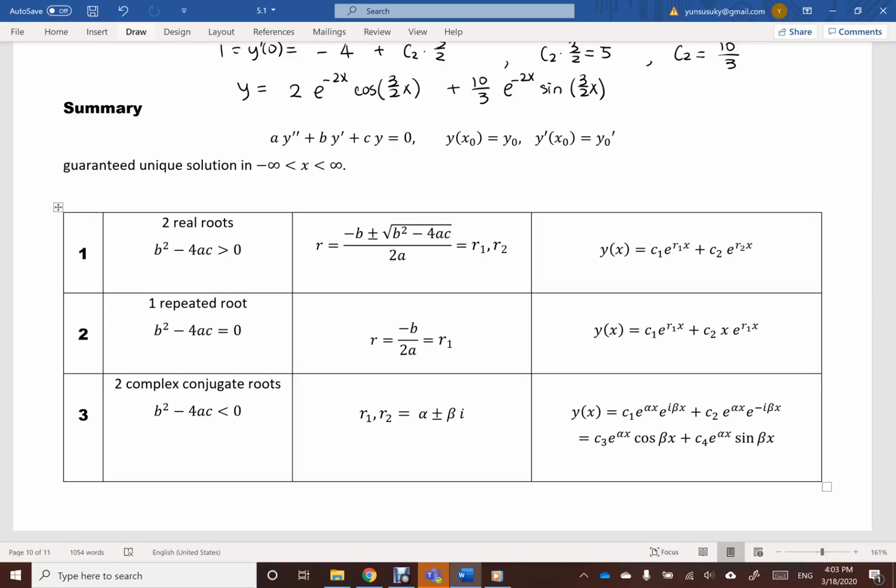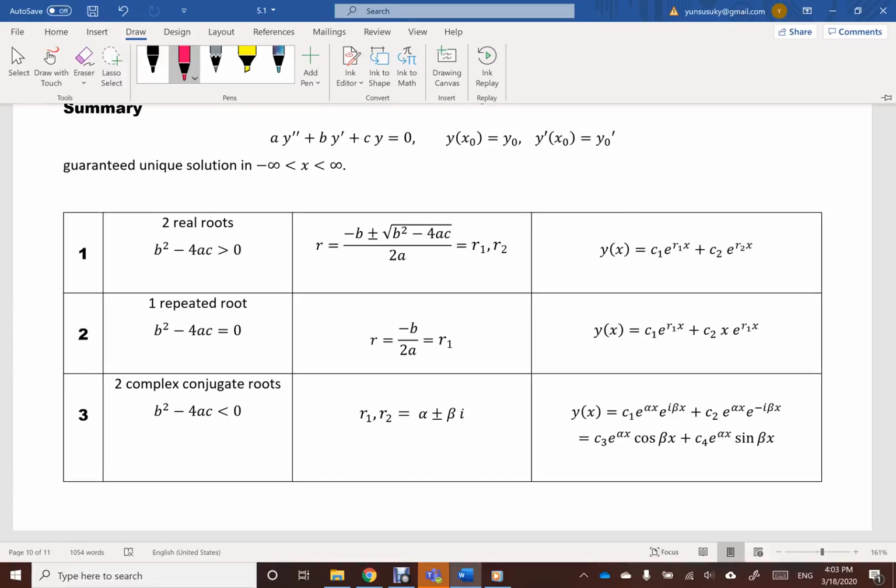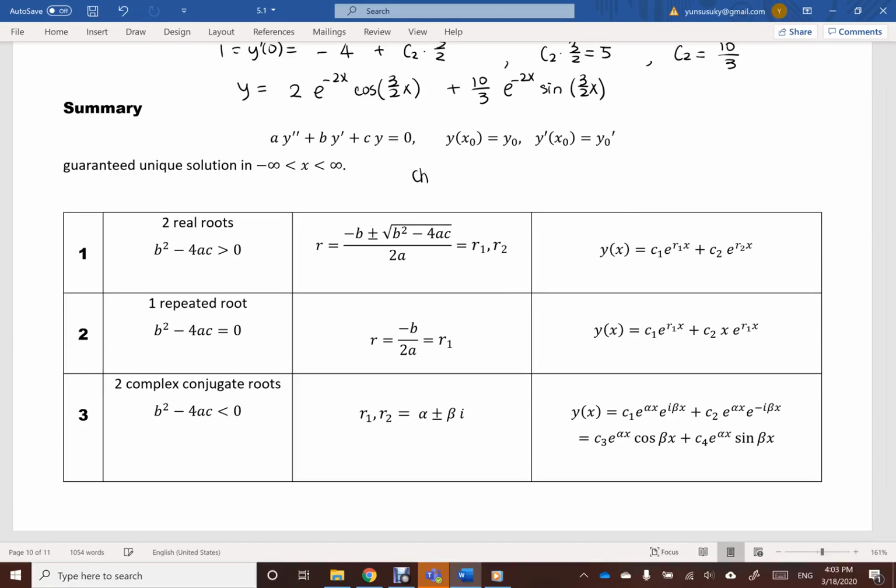The characteristic equation is a r squared plus b r plus c equal to 0.